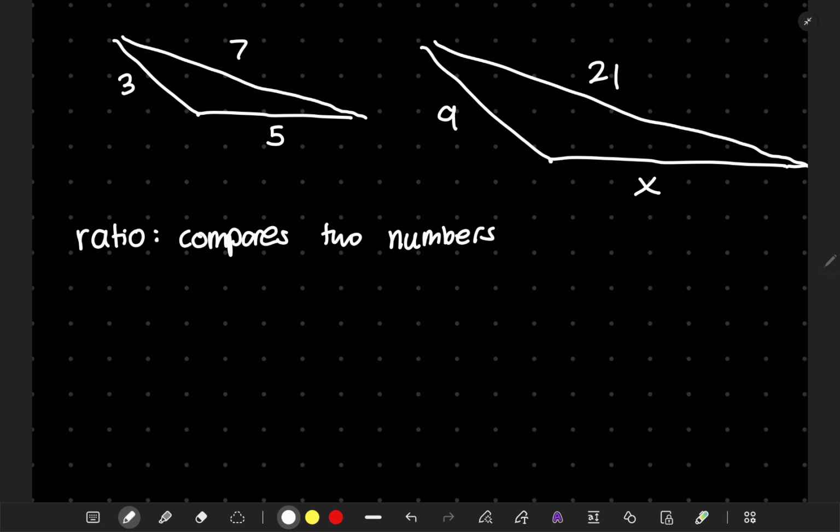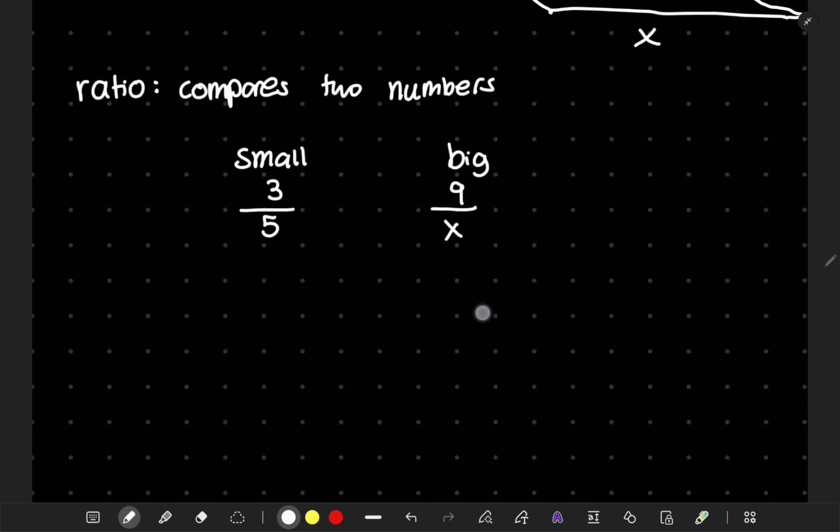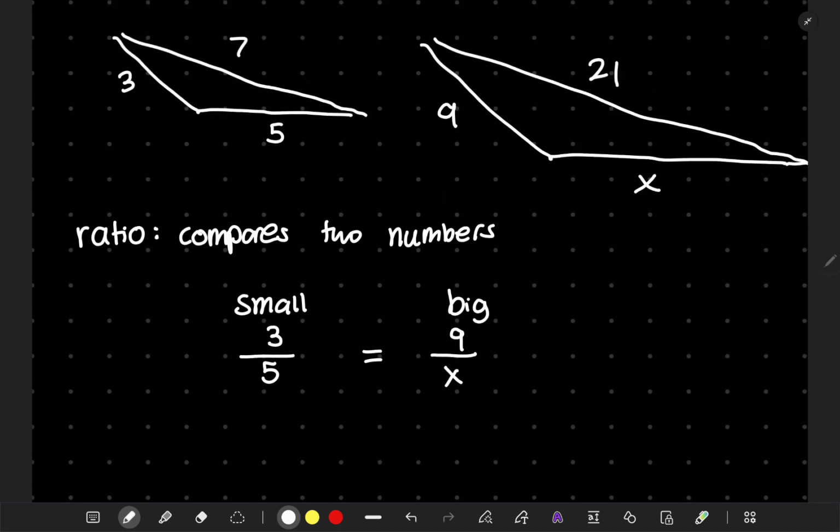Maybe for the first one, the small one, I can compare 3 to 5, while for the big one, I can compare 9 to x. And remember what we talked about, how they have the same shape, different sizes. So because of this, I'm going to make them equal to each other. Okay, so I clearly have this fraction, 3 over 5 equals 9 over x.